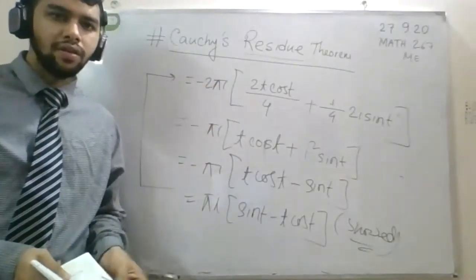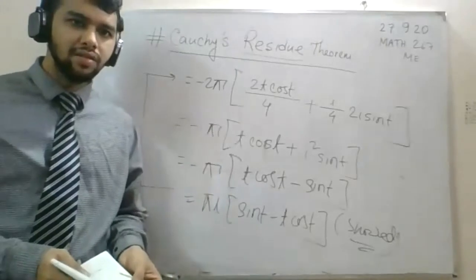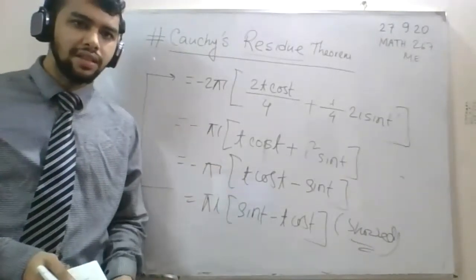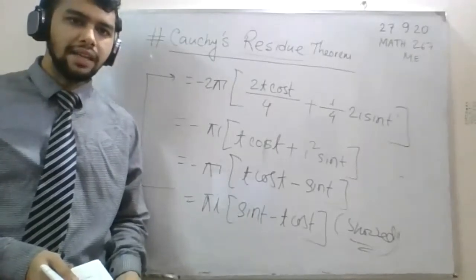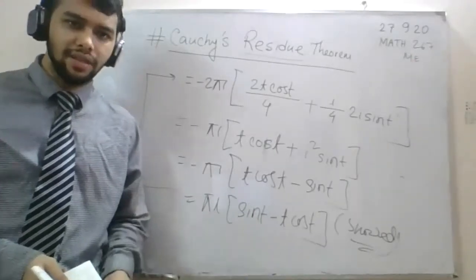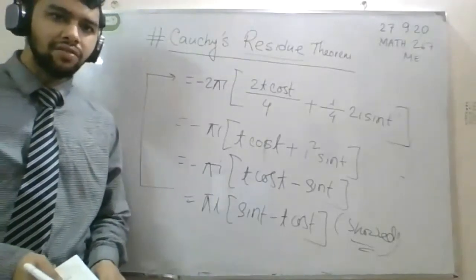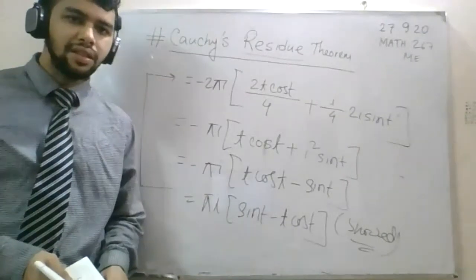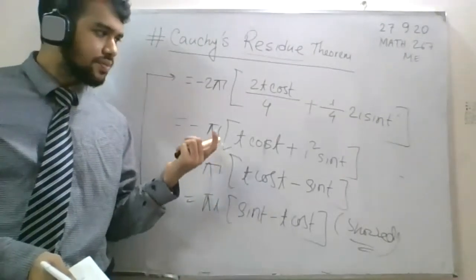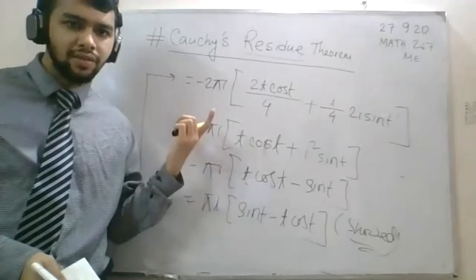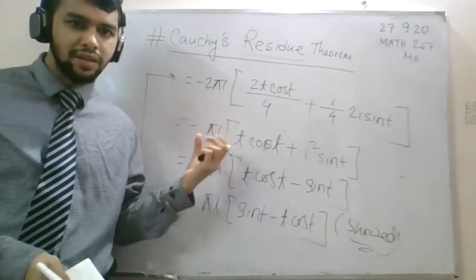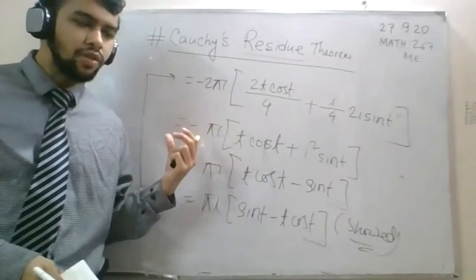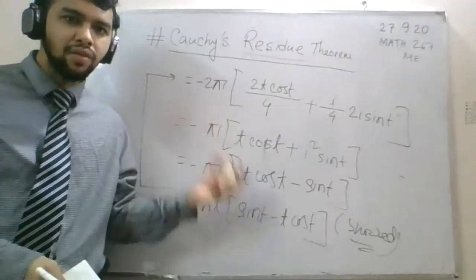Okay, so all of you know about the Cauchy residues theorem, where the closed integral of f z dz equals 2 pi I times the sum of the residues. So at first you have to find the residues of your given function. If it is a simple pole, you use the simple pole formula for residues, and if it is a double pole or higher pole, you use the derivative formula for residues.